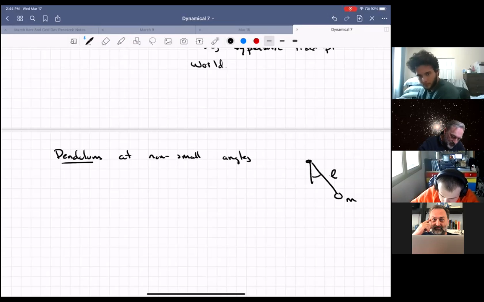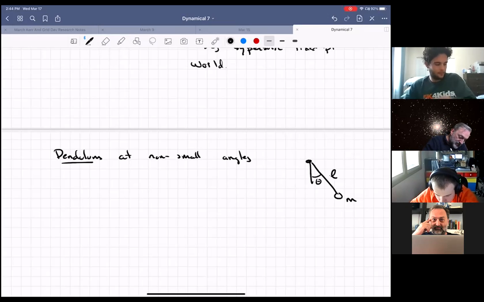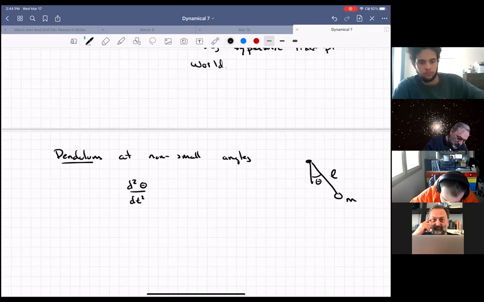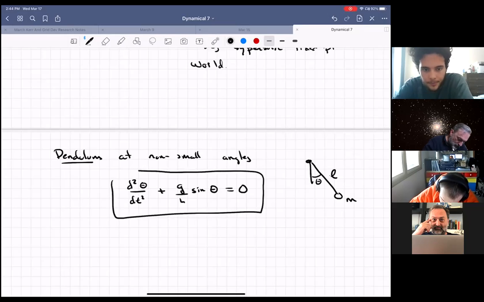And this is my angle theta. Then the pendulum at non-small angles works out to be this equation, which you can write down a Hamiltonian for, and you can derive Hamilton's equations of motion. You can write down potential energies, so that there is a Hamiltonian, a sum of kinetic and potential energies for this system. The energy is conserved, all those types of things. And so this is my pendulum at non-small angles.